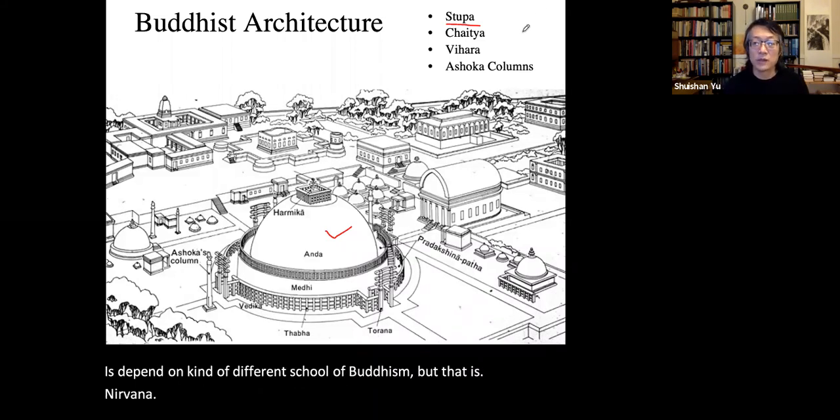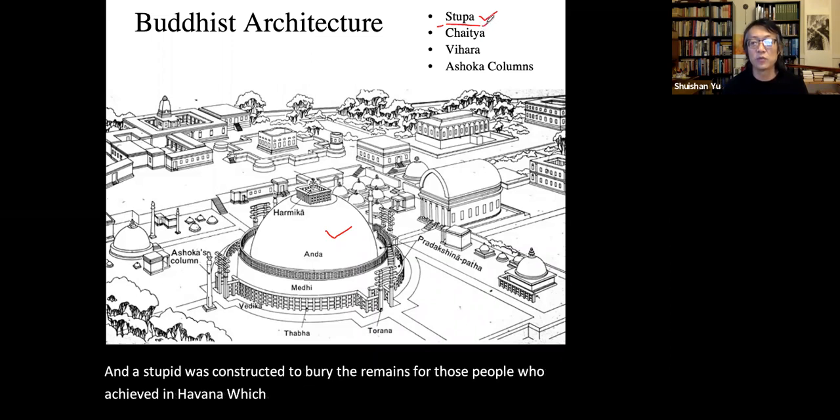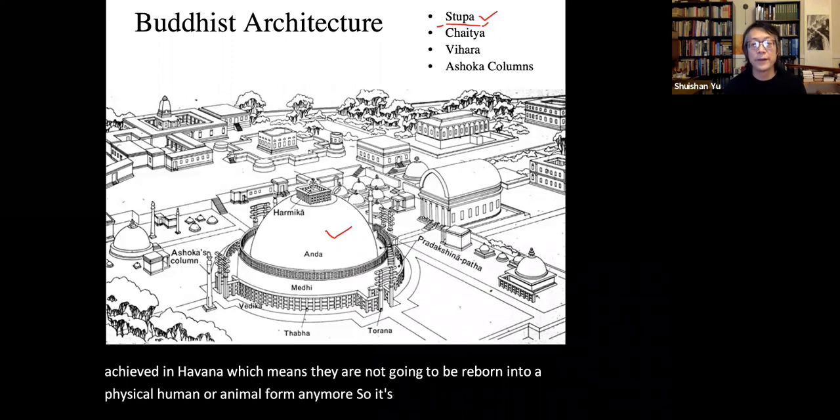And a stupa was constructed to bury the remains of those people who achieved Nirvana, which means they are not going to be reborn into a physical human or animal form anymore. So it's a tomb, yes, but it is not a tomb as we understand.